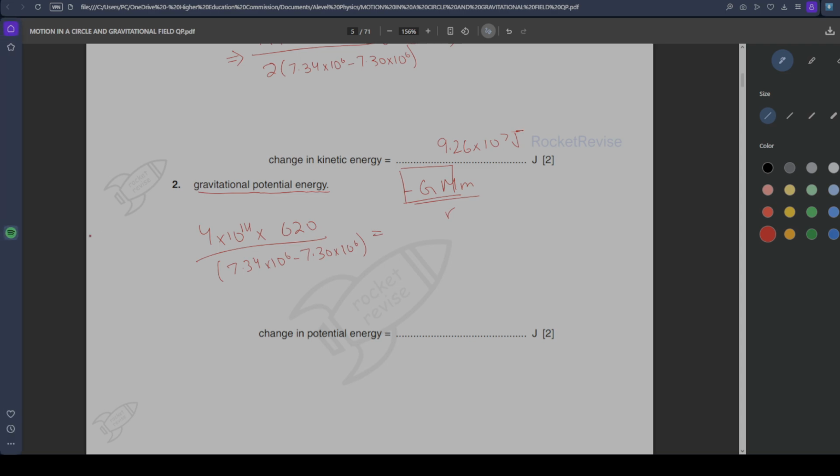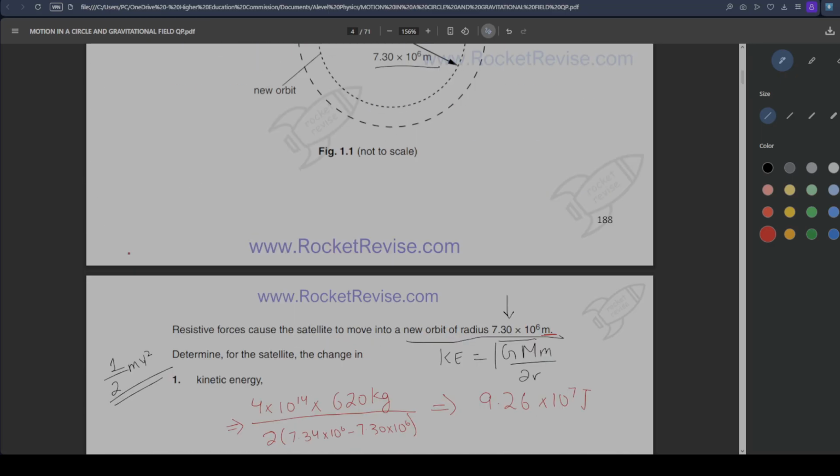So this is going to be equal to 1.85 into 10 power 8 joules. So the change in potential energy is 1.85 into 10 power 8 joules. That's it for this question.